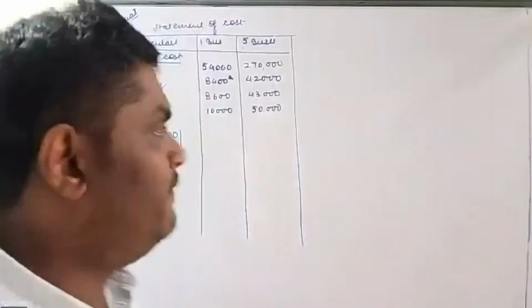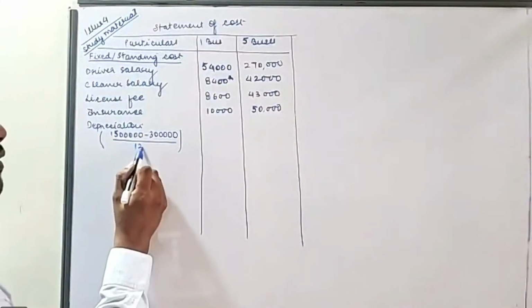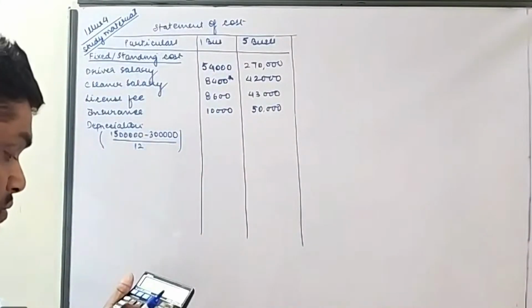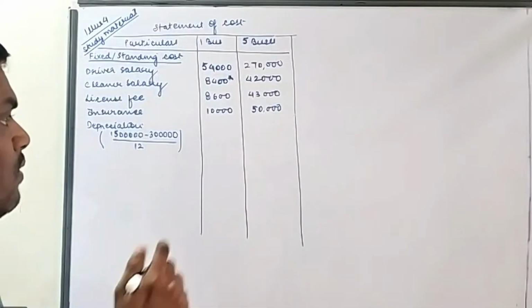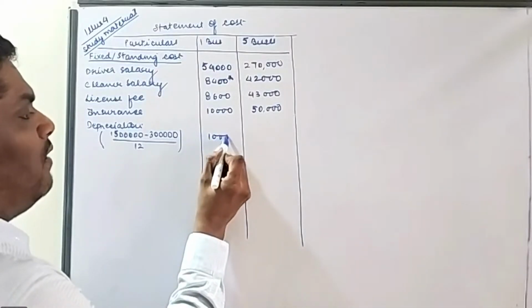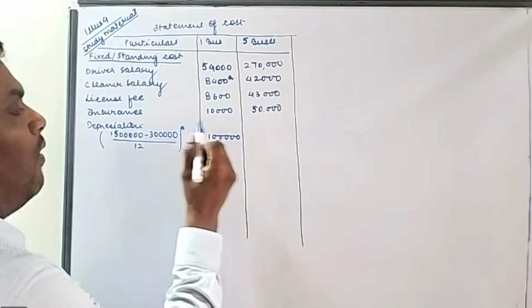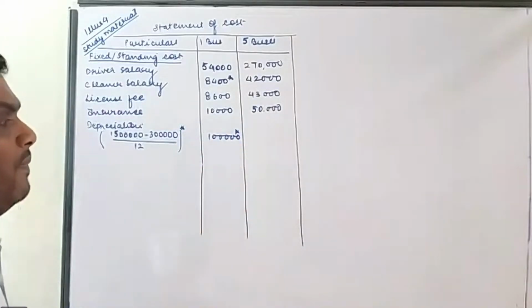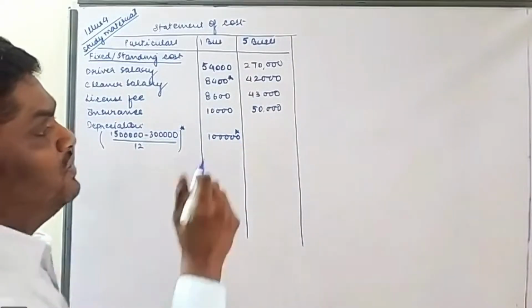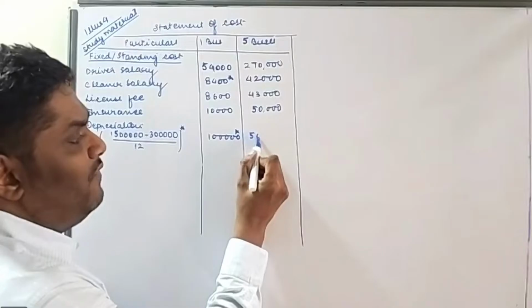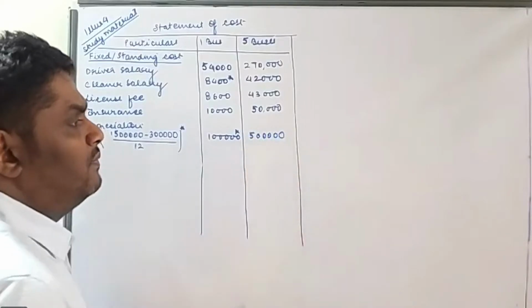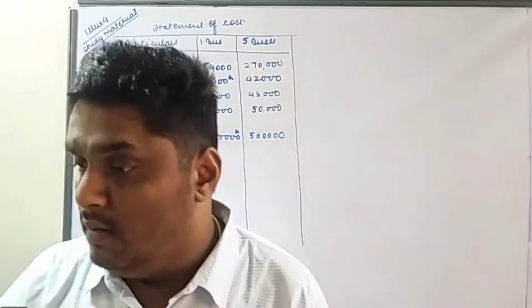Useful life is 12 years. So this will be 1 lakh. So for 5 buses, it will be 5 lakh.